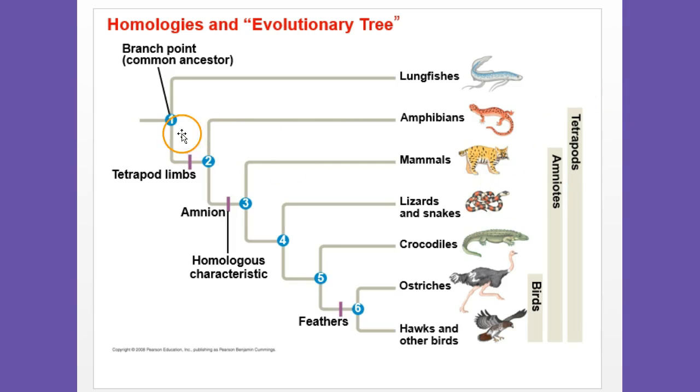These branch points show your common ancestors, looking at different features and how they separate these different organisms and where they branched off, where they had the most recent common ancestor.